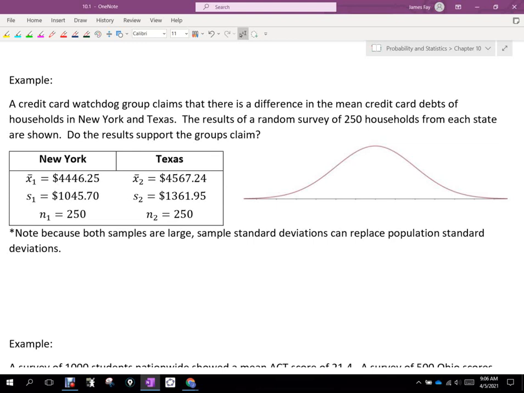Our sample sizes are large, okay? And if we go through here, it says note, because both samples are large, sample standard deviations can replace population standard deviations.